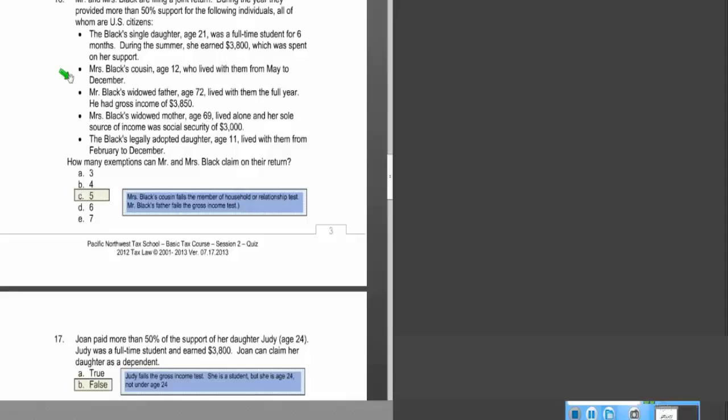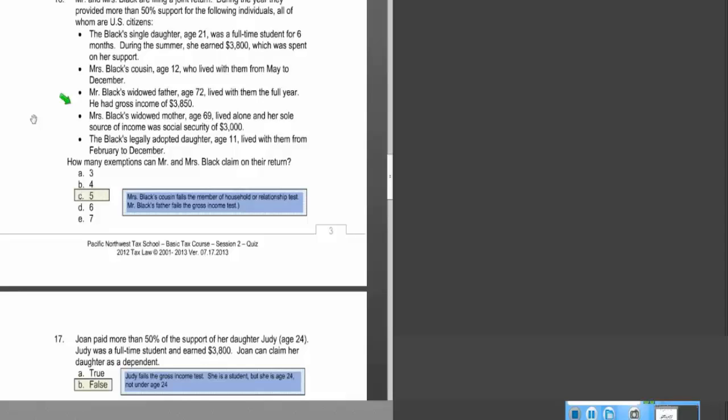The Black's cousin, age 12, lived with them from May to December. Well, we just saw in the previous question that a cousin only fits the qualifying relative designation if they lived with you the entire year. So in this case, the cousin cannot be a dependent on the return, and there will not be an exemption for the cousin. Let's take a look at Mr. Black's widowed father.